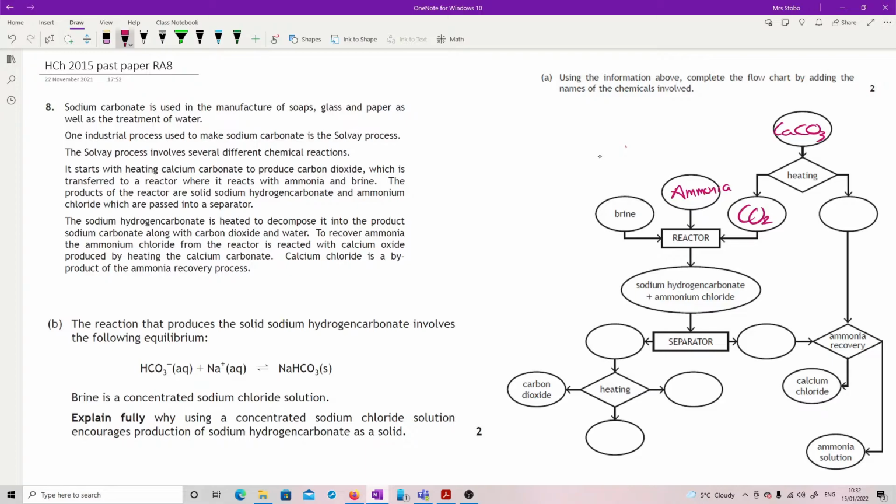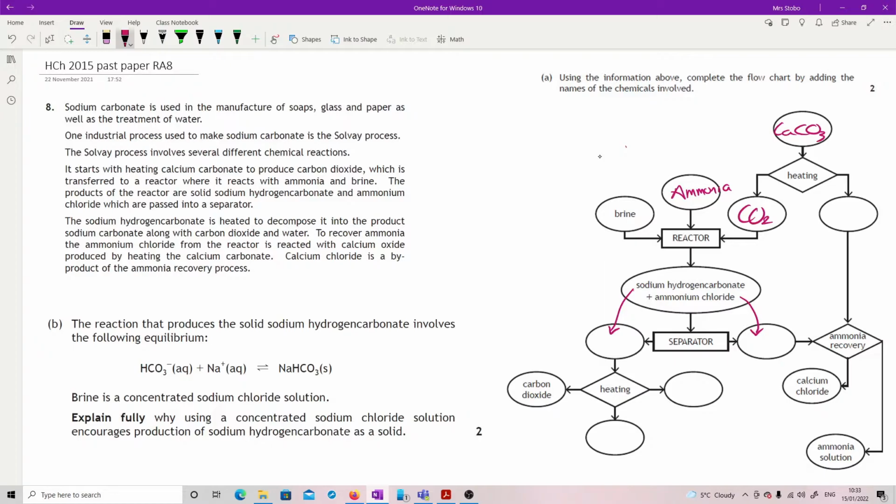The sodium hydrogen carbonate is heated to decompose into the product sodium carbonate. So we are going to put the sodium hydrogen carbonate in here. I'm not going to try and write that out in that space, which means our ammonium chloride is going here. Okay, heating of this one, sodium hydrogen carbonate, decomposes to the product sodium carbonate along with carbon dioxide and water.